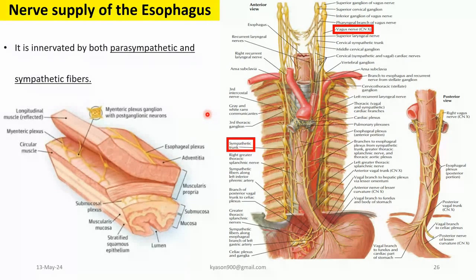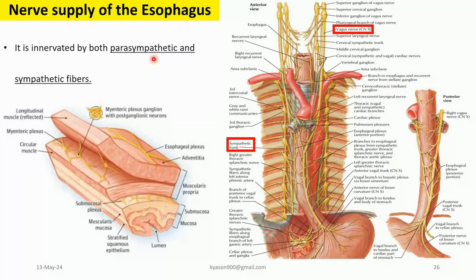Then your vagus nerves, we have the right and the left. You can see the left is going to extend down here to form the anterior vagal trunk, and it's going to give off parasympathetic fibers to the esophagus. The right also is going to run behind and give off parasympathetic fibers to the esophagus.